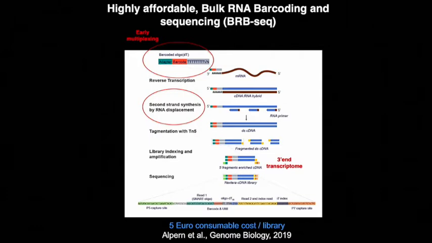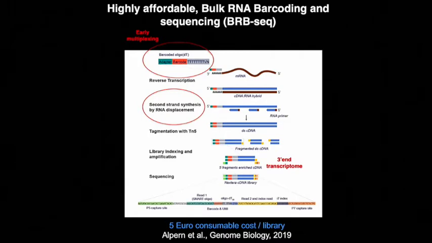And it really is based on the advances that single-cell transcriptomics have made, in which we multiplex all the samples together through the addition of a barcode very early in the process, and then everything else is done in one bulk tube, so to speak, where we do the reverse transcription, and then we also do second strand synthesis by RNA displacement. The advantage of that is that this is very cheap.